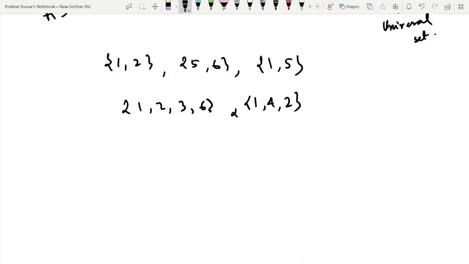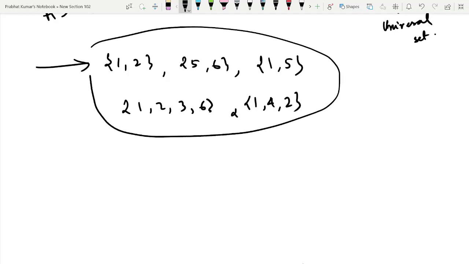Suppose some mathematician is dealing with all these things. Let's see how the concept of universal set comes under this premise.